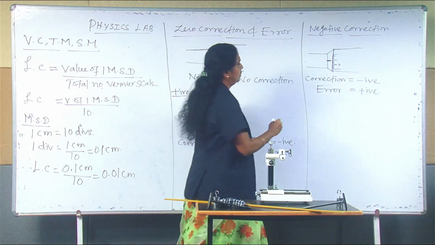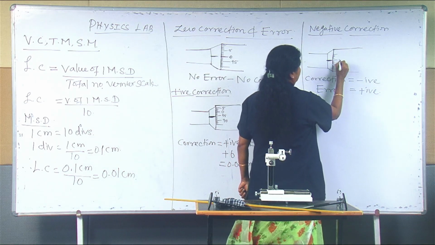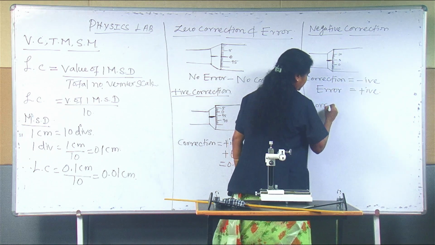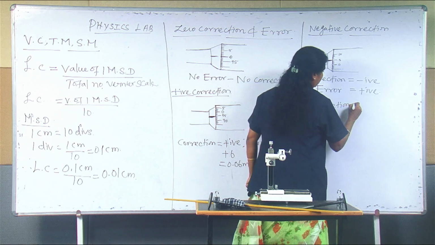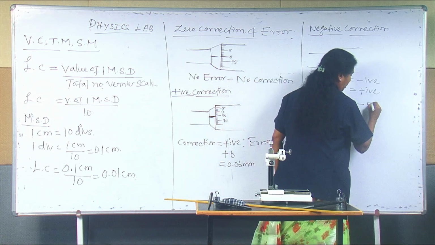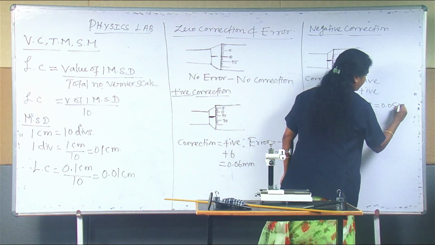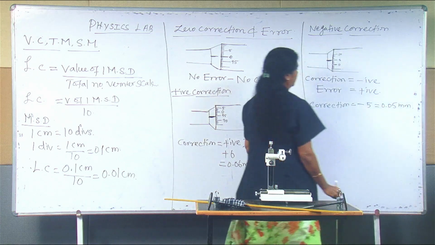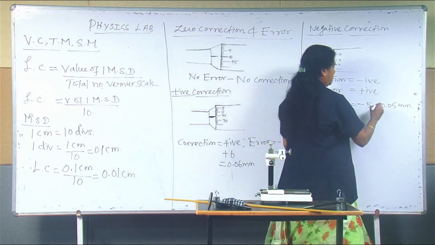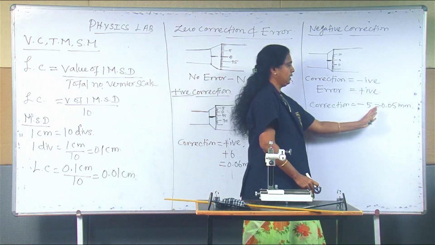Here it coincides with the fifth division. So the correction is minus 5, and I have to multiply with the least count value, so it is minus 0.05 mm. Correspondingly the error is plus 0.05 mm.